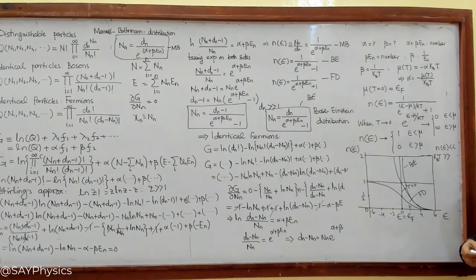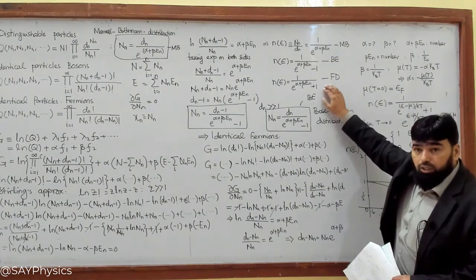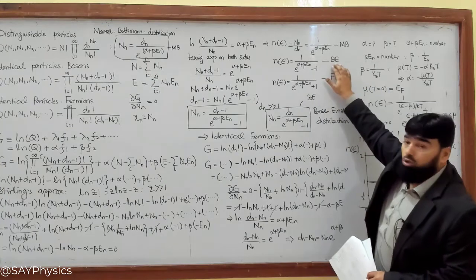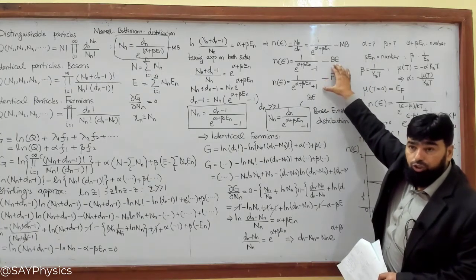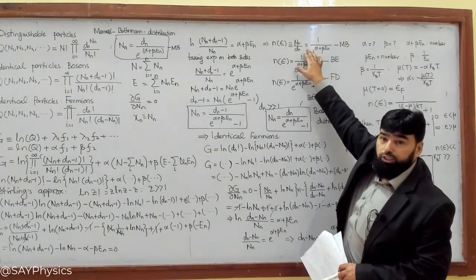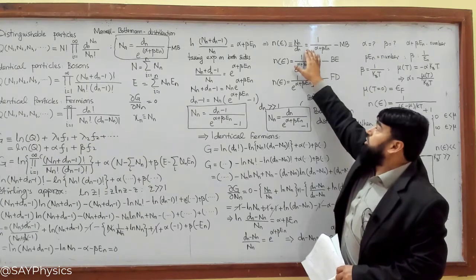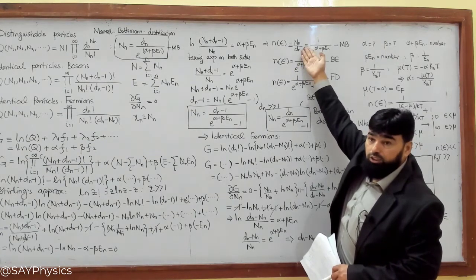Like we know that our electrons or our bosons are in particular states. But here we don't have any particular states. Here they are randomly oriented. They are classical particles. There is no quantization of states.